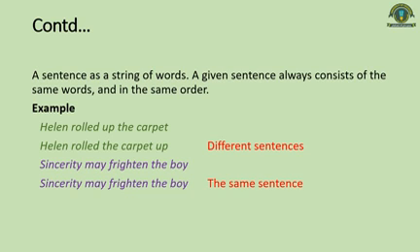Helen rolled up the carpet. Helen rolled the carpet up. Both are different sentences. Now look at the second example. Sincerity may frighten the boy. Sincerity may frighten the boy. This is a similar sentence.